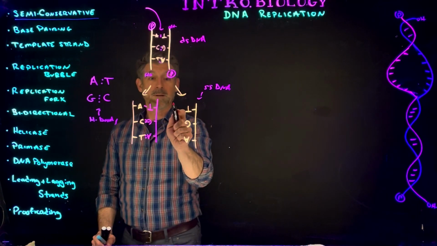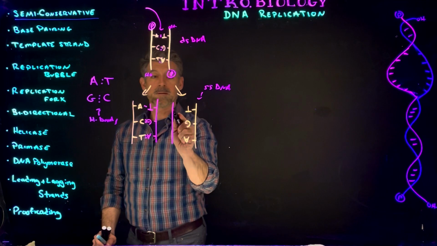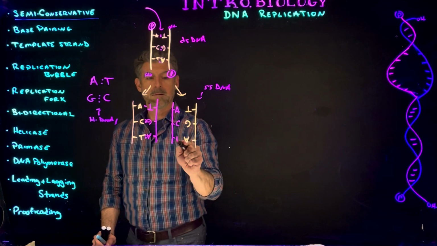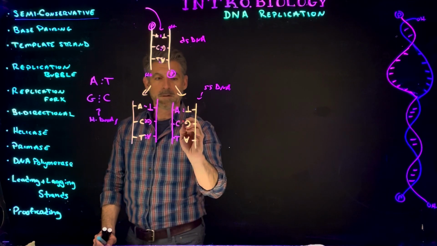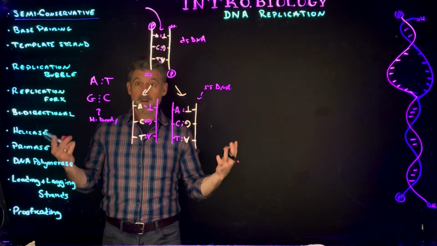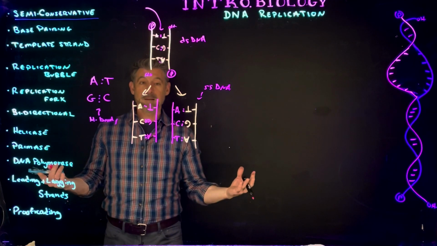This one, you would build a strand like this, and this one would have an A, C, T, like that, bond, bond, bond, and then you would get two new double-stranded DNAs.